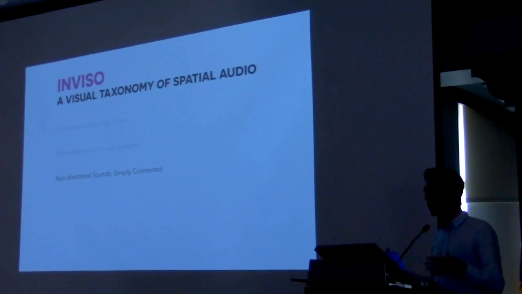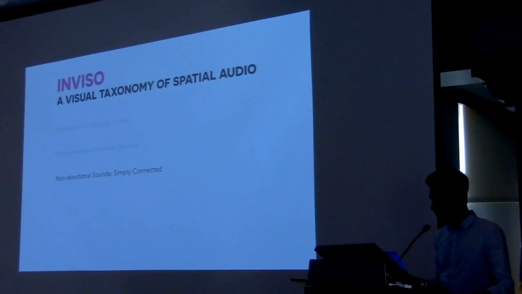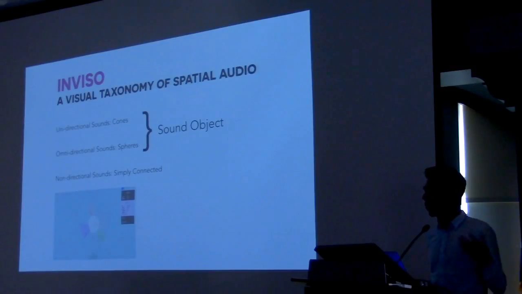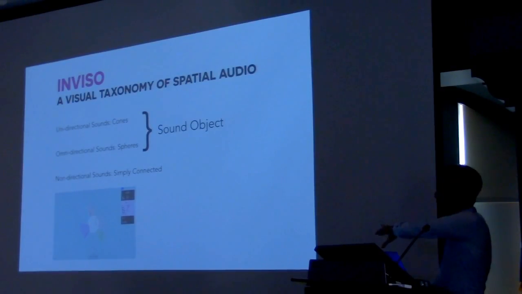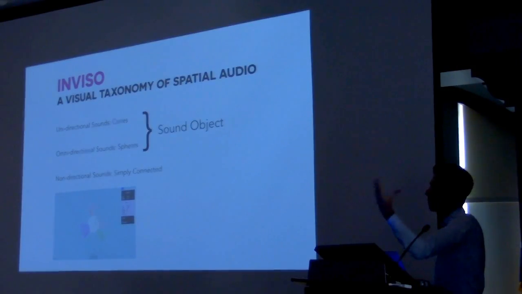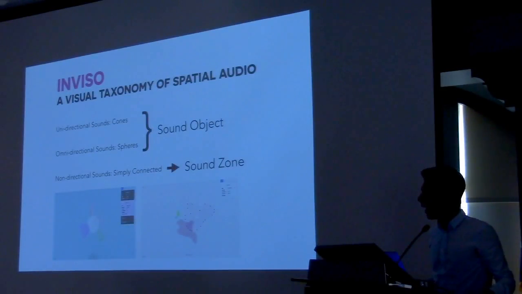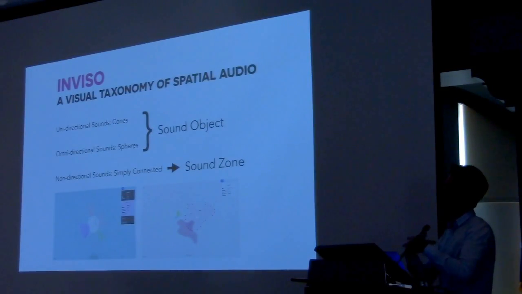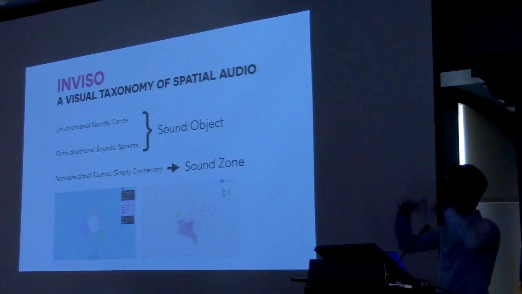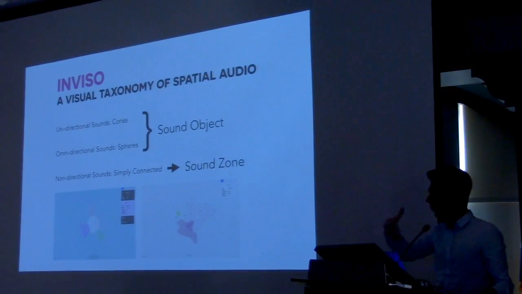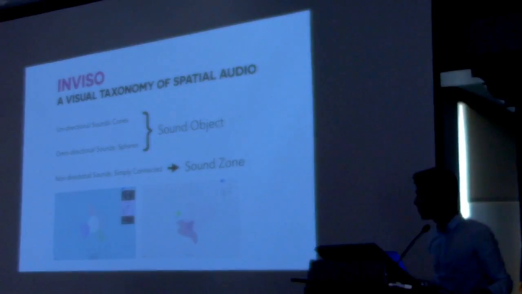So as we designed INVISO, we started from this conceptualization of what a soundscape is in a visual sense, and then we tried to implement them in this environment, looking at how we can start from a complexity of features and how we can simplify them in a way that it can cater to both novice and experienced users.